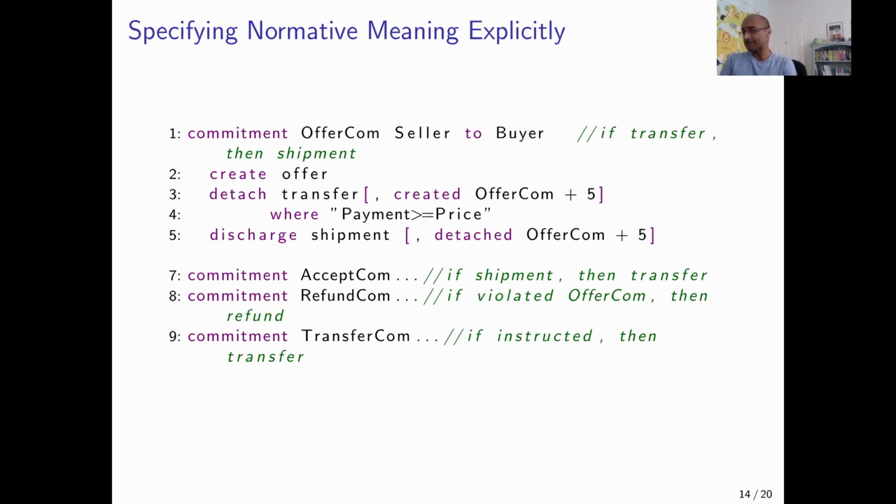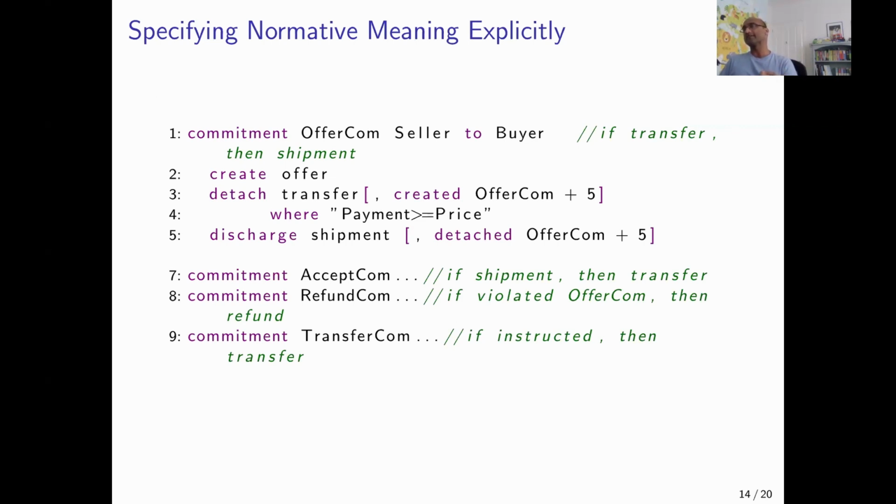Then we can also specify the higher level normative meaning for the actions in the protocol. So remember, the protocol had actions like offer, transfer, shipment, and so on. So on top of that protocol, conceptually layered on top of the protocol, you can specify the meaning of those actions. So you can say offer com is a commitment from seller to buyer. It's created upon offer.